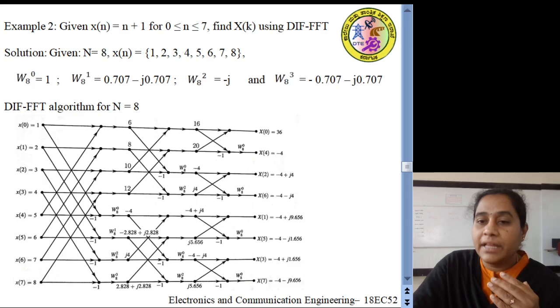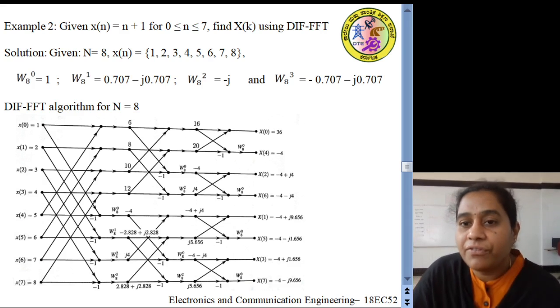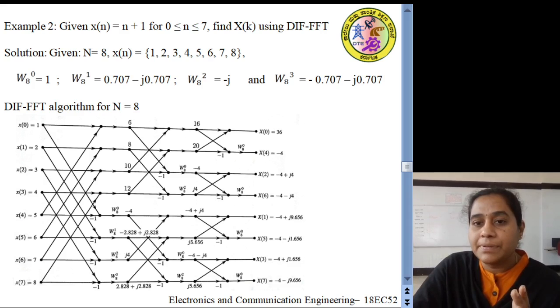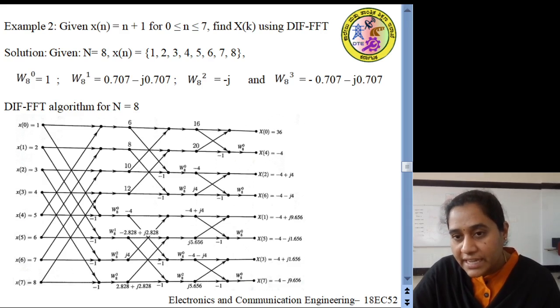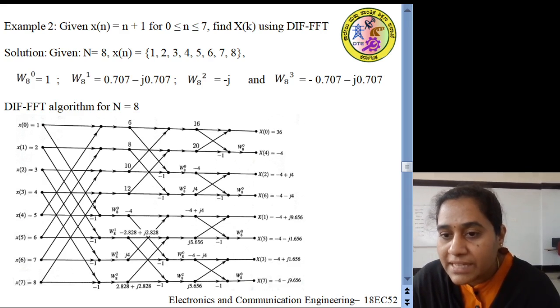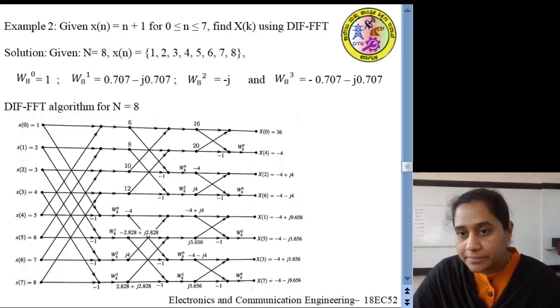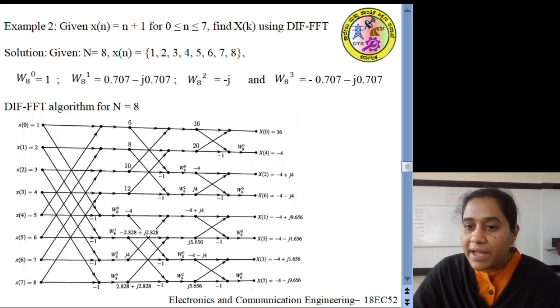So, the x of k, that is DFT of the corresponding time domain samples x of n, we can write it as x of 0, that is 36, minus 4 plus j 9.656, minus 4 plus j4, minus 4 plus j 1.656, minus 4, minus 4 minus j 1.656, minus 4 minus j4, last minus 4 minus j 9.656.